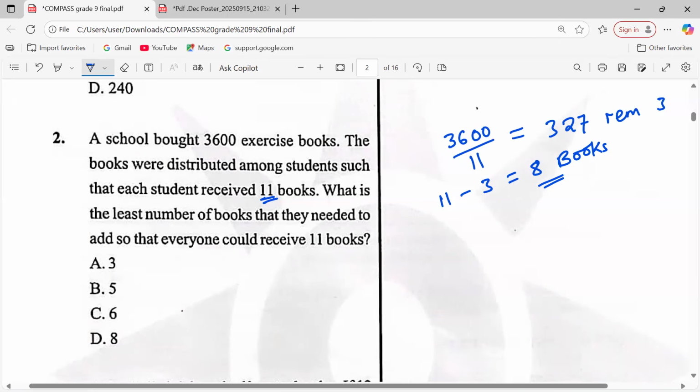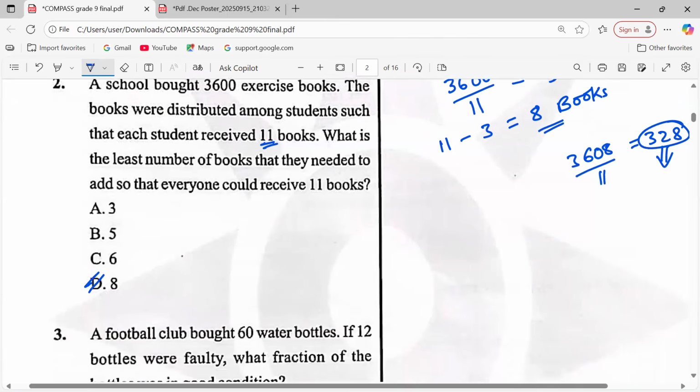You see now, D is the option. They will become 3608 over 11. This is 328. So it could be divided among 328 students, each to get 11.